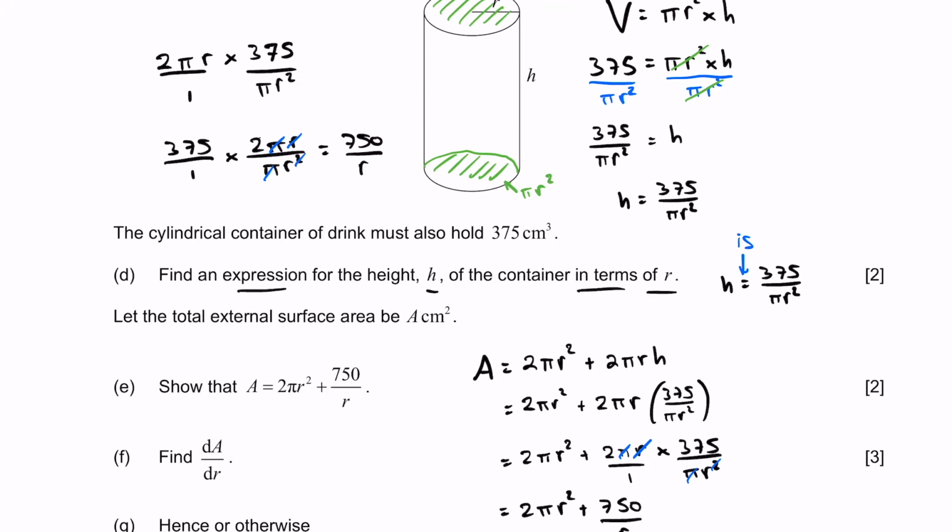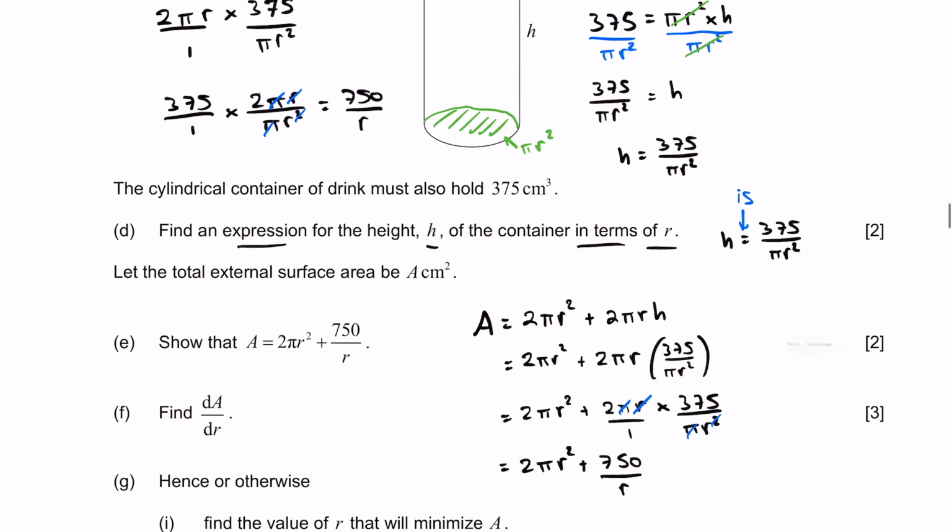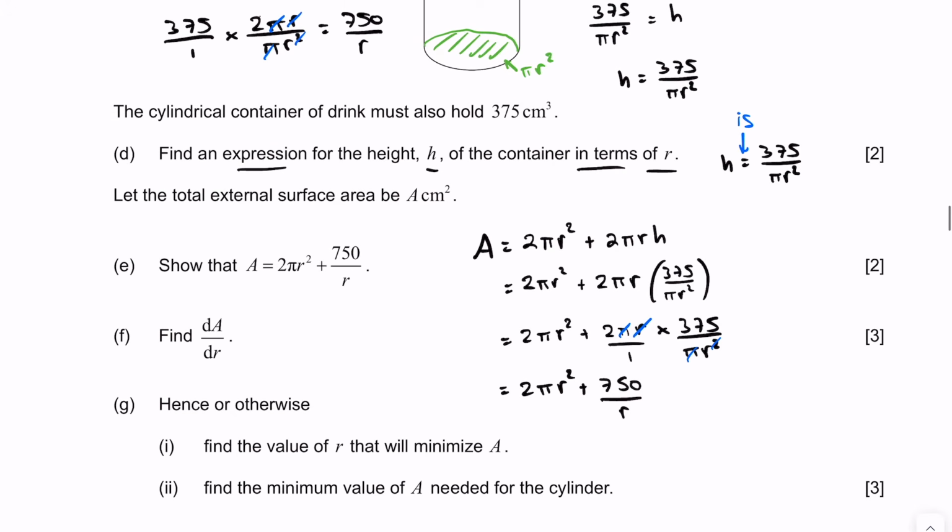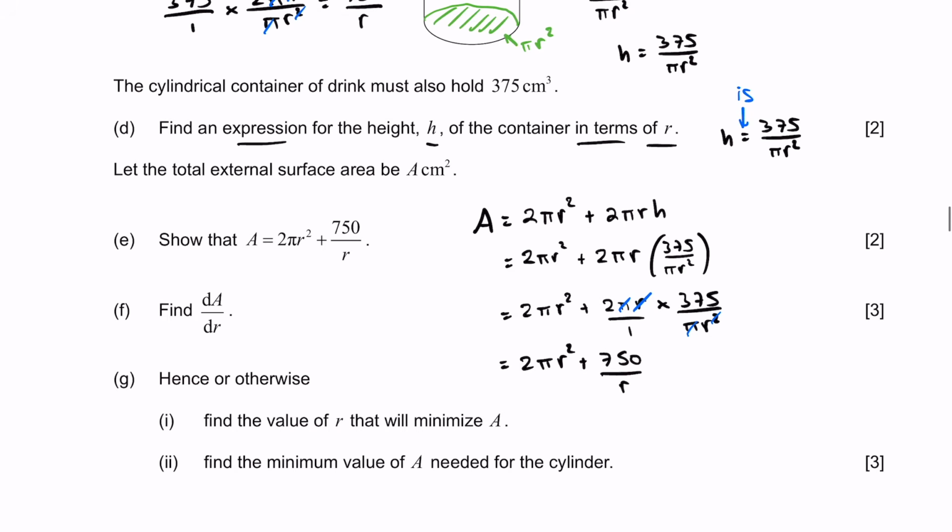For this final term right here, essentially we're canceling out common factors. Okay. All right, let's go on. But maybe the last thing I'll say is that the next logical step after we substitute in for h is actually the form that we're trying to show.